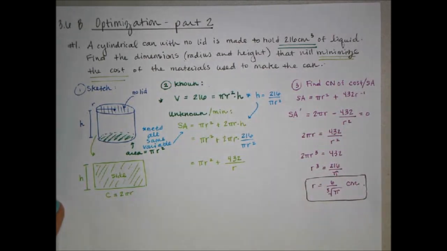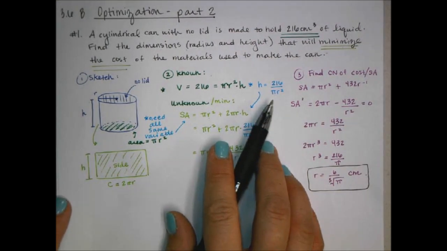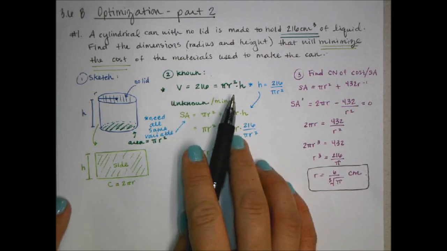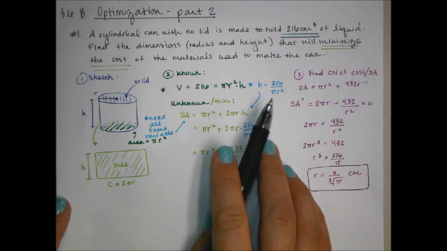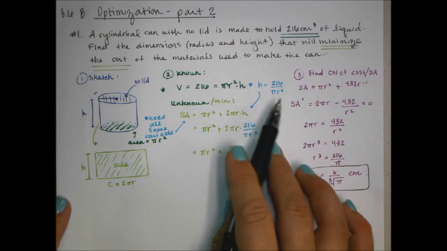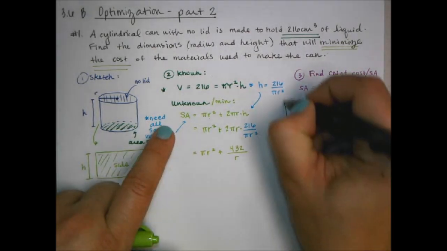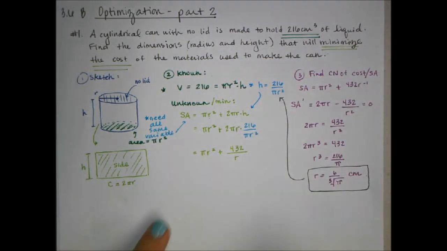So we're going to go back into our problem here, where we had our known volume, 216 equals pi r squared times h, or h is 216 over pi r squared. So I'm going to plug r right back into this equation here and solve for h. So plugging that value in here, my last step here is to find h.